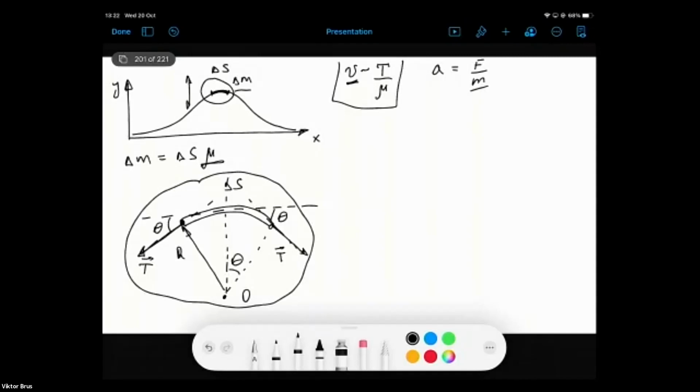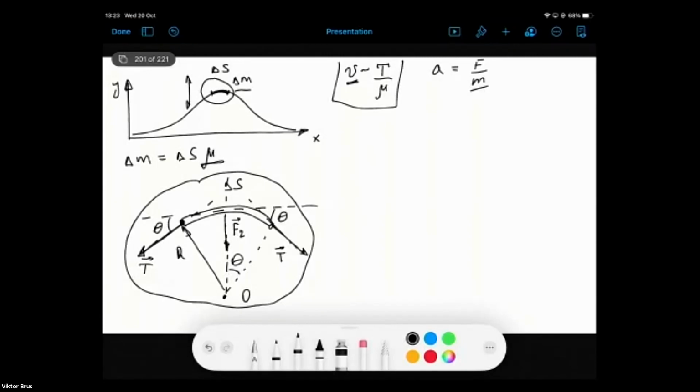However, the radial component along the radius of this curvature, let's call it FR, some radial force, will exist, and that will comprise two radial components of each of these tension vectors.